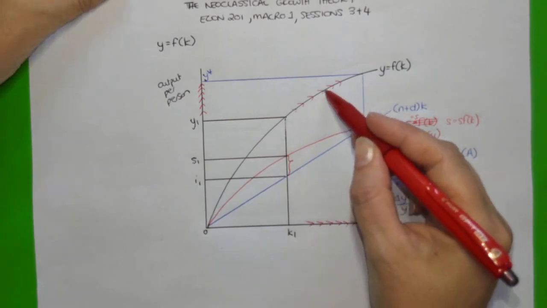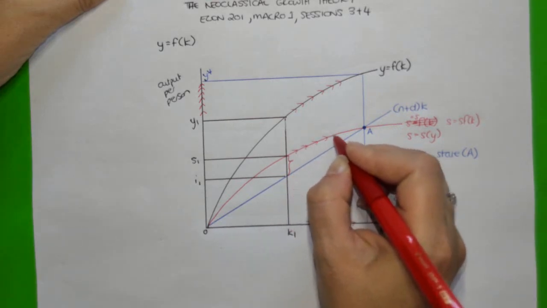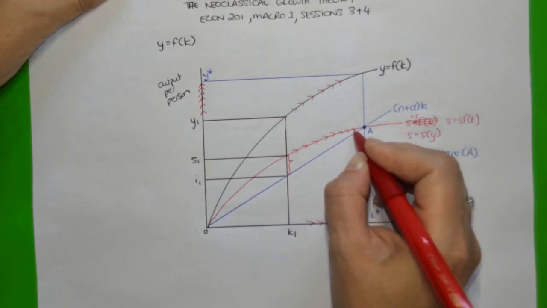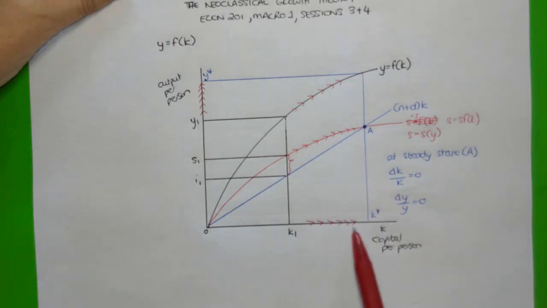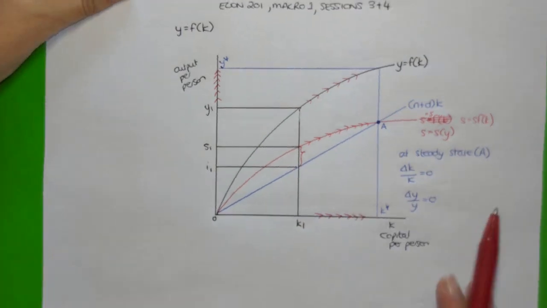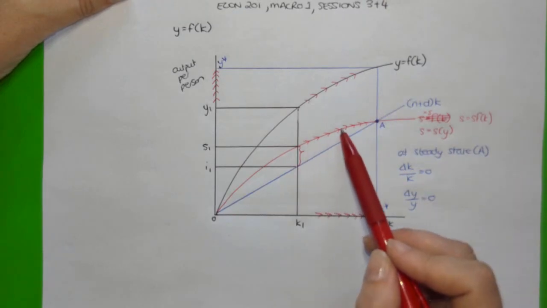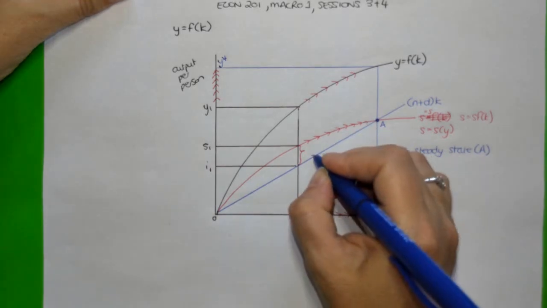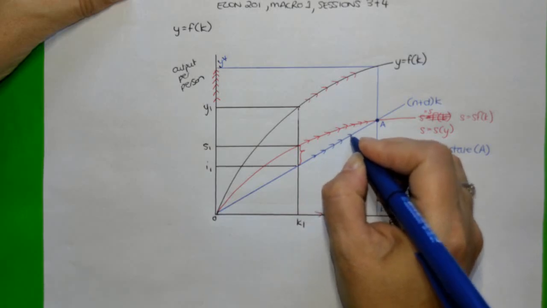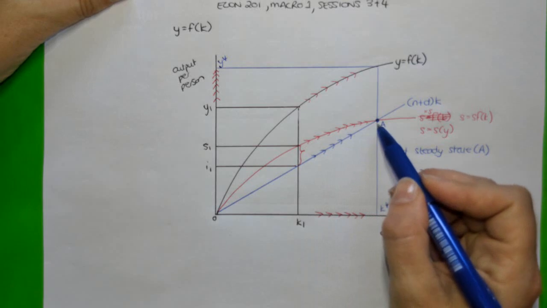As output per person increases at a decreasing rate, note that savings per person is also increasing, but at a decreasing rate. And this is how we end up at a steady state, because as the capital to labor ratio grows, and as output per person increases at a decreasing rate, savings per person also increases at a decreasing rate, but the amount of investment per person needed to maintain the growing capital to labor ratio increases at a constant rate.